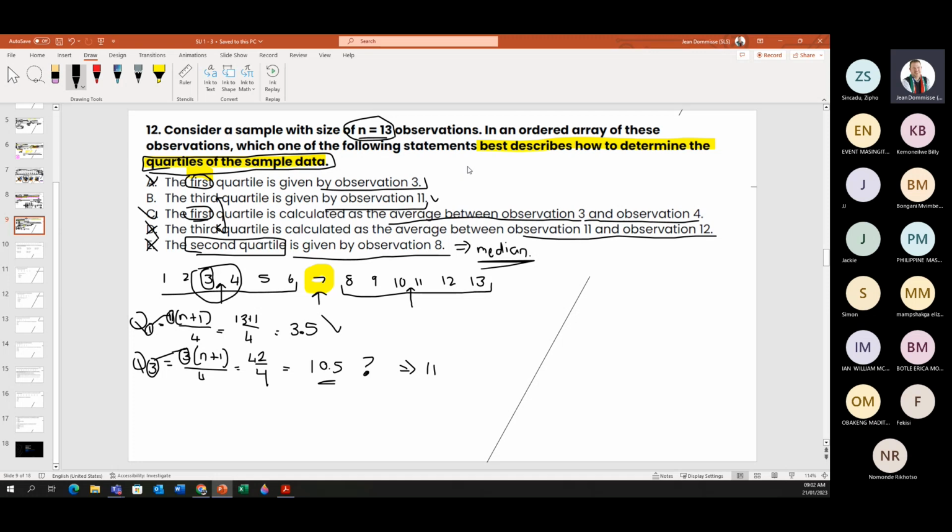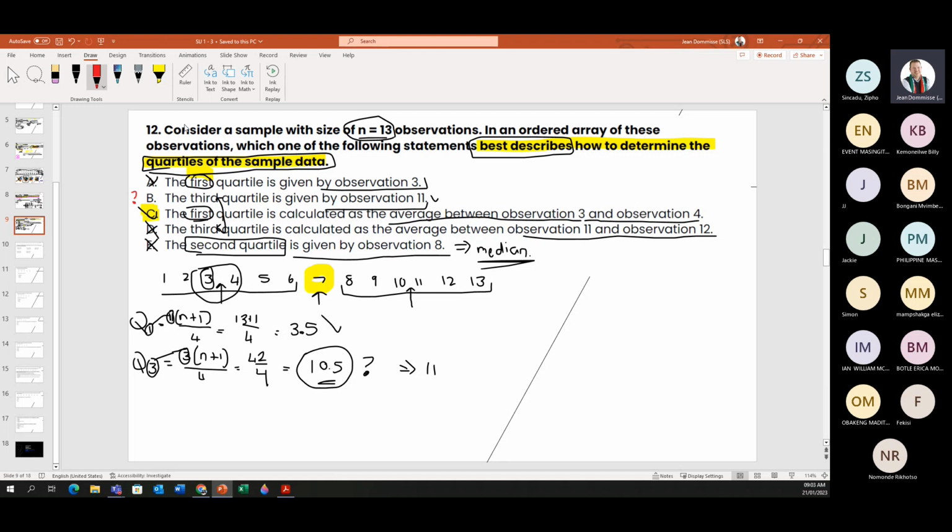Okay, so the best description is that it is in the middle, at 10.5 and not 11. So that is why option C is the correct one. But I'll nearly mark D as also an option, because I know we've learned that you round off to certain numbers.